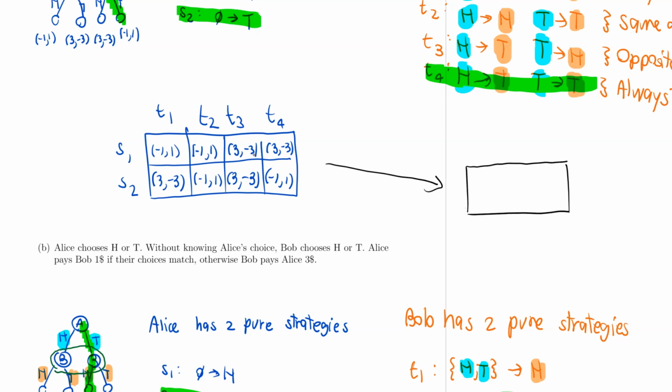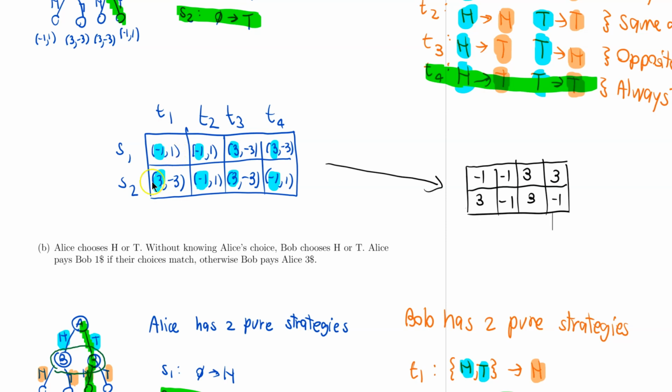So let me redraw my table here. Instead of writing a vector -1 and 1, I'm just going to write out a list of payoffs. I'm just going to write the first number that I see, and then we will understand that the number we see in the new table is just a list of payoffs. So this is going to be -1, -1, 3, 3, and then 3, -1, 3, -1.